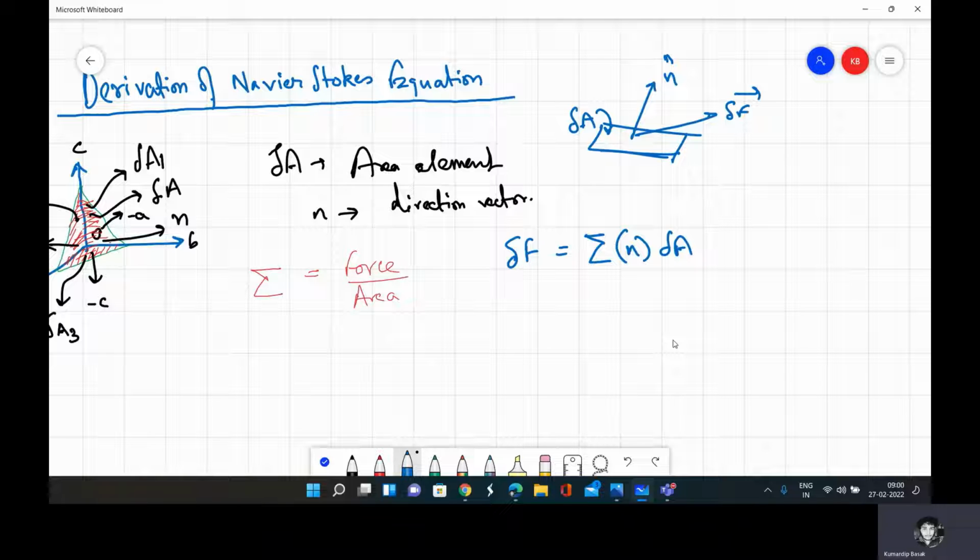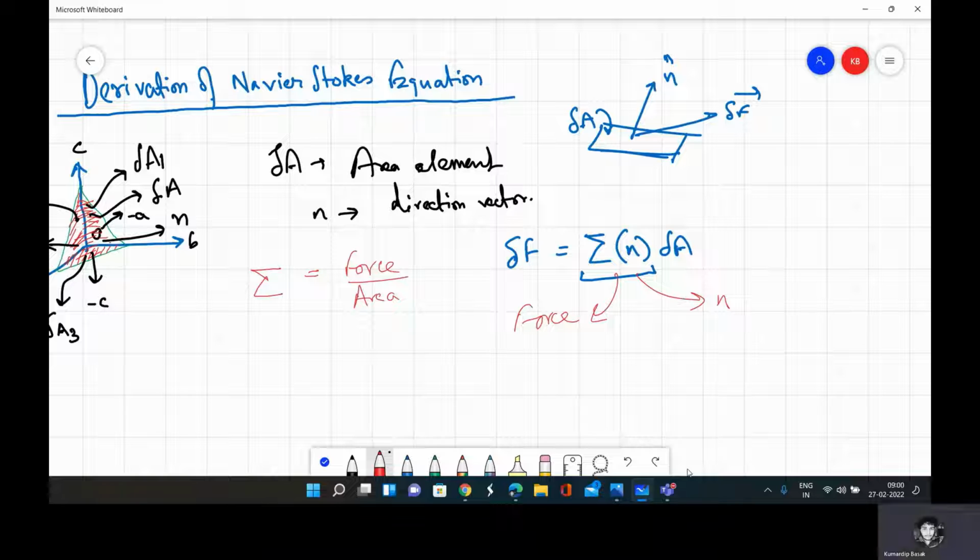Now you understand that this is not simply any scalar quantity, because it has the information of in which direction my force is acting, and also what the area normal n is for the dA.